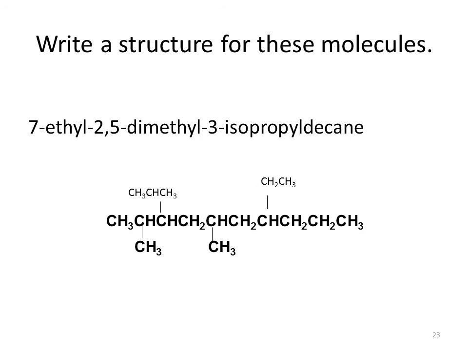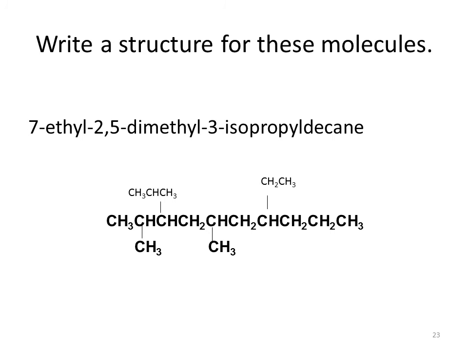The isopropyl group is on the 3 carbon, and isopropyl is a propyl group in which you have the carbon in the middle attached. Notice, count the number of hydrogens on each carbon, and you'll see that each one has 4 bonds, which is the way it needs to be. Alright, again, I started my counting on the left and went to the right. I could have done this where I started my counting on the right and went to the left.